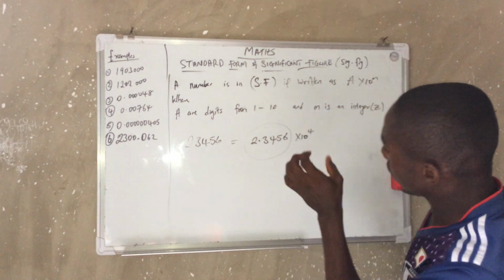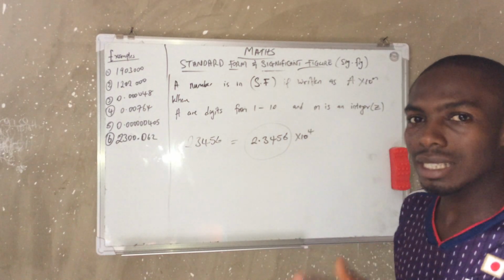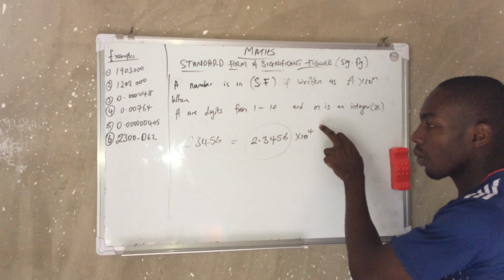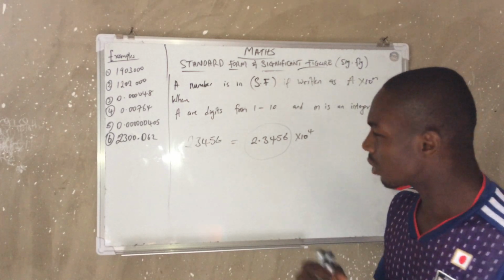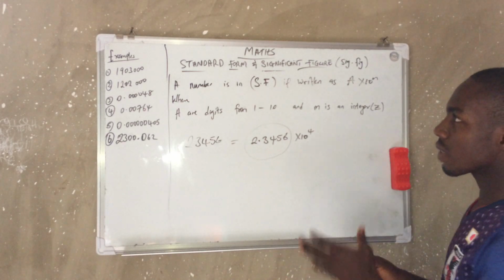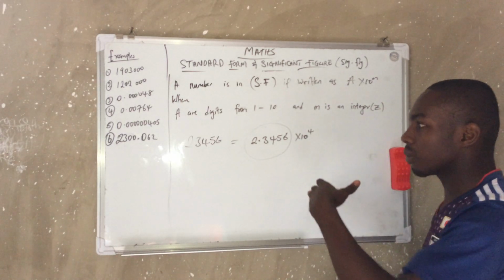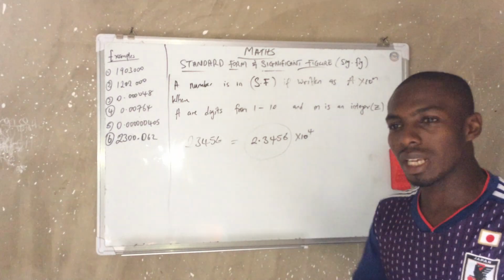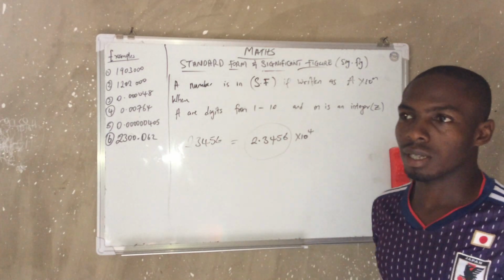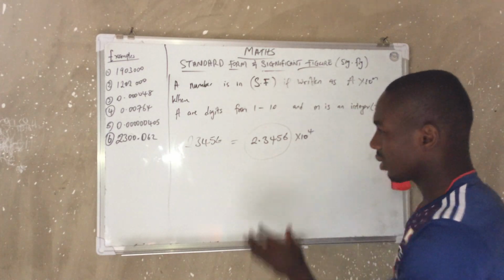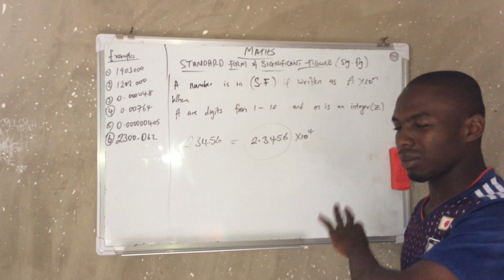And also, this one that is here is an indices to the power what? 4. So I've been trying to know if standard form can be defined in any way, combining significant figure and indices together. Well, for now, I just figured it out.